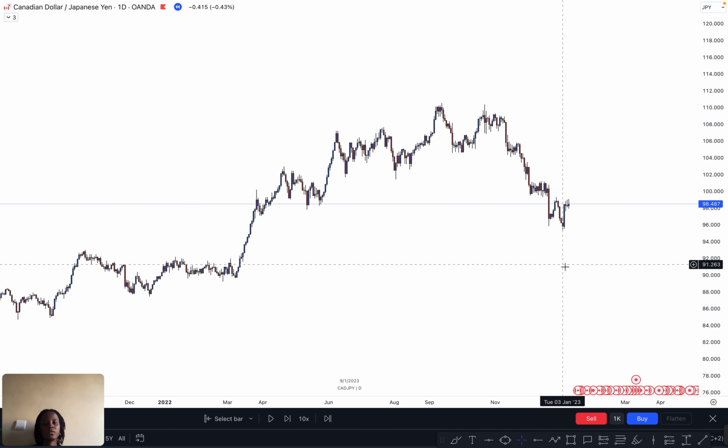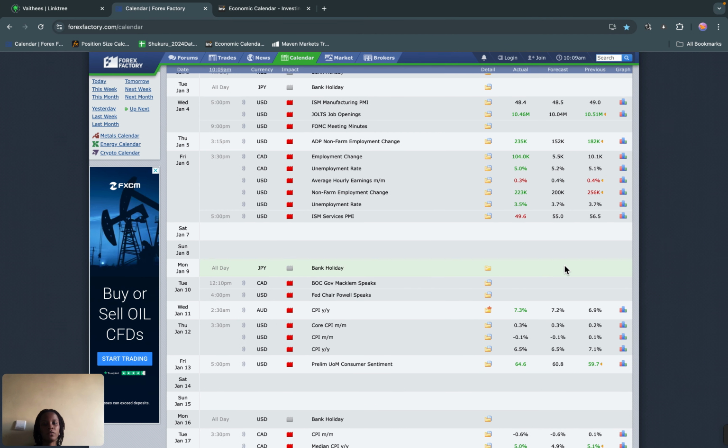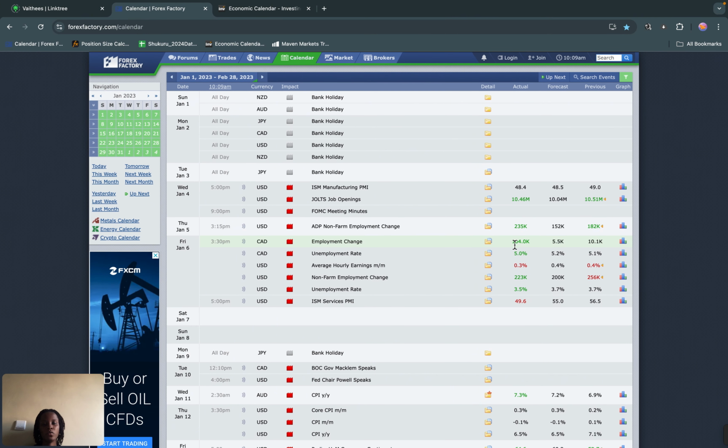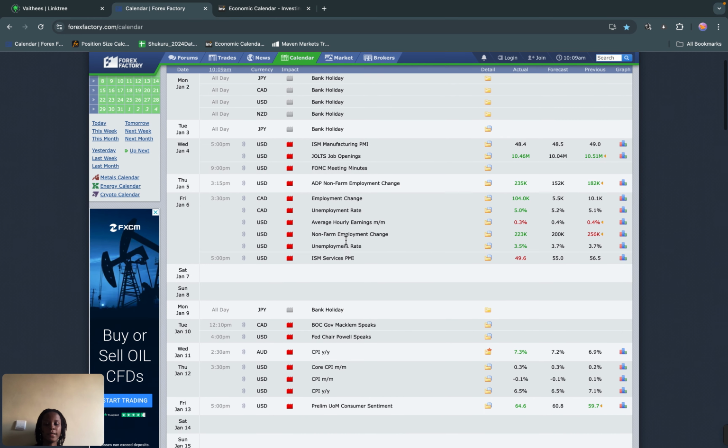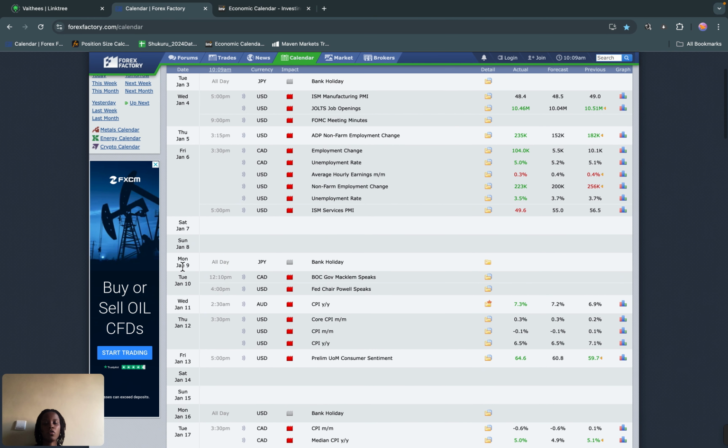After knowing the buyers, what I always do is go to the calendar. If you go here to the calendar, you will see that the NFP is on the 6th. So from the 6th to the 1st of January, we will not be looking to trade any day. But if you go to Monday, January 9th, you can see that it's a JPY holiday and we are trading CADJPY.